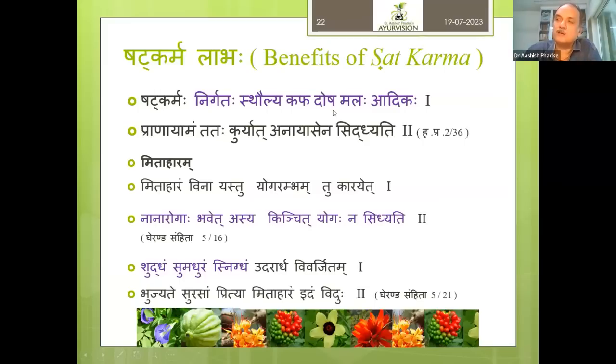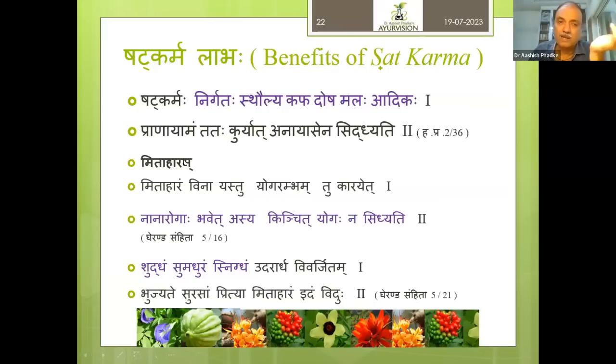So these cleansing processes, or shat karma, what we call shuddhi kriya, are supposed to be undertaken for reducing kapha and pitta dosha particularly, and also staulya, that is obesity, and to make your srotasa or nadis patent, open, so that then you can practice pranayam in a much better way. Okay, then pranayam tata kuryat anayasena siddhyati. Once you do this, then pranayam can be practiced very easily.